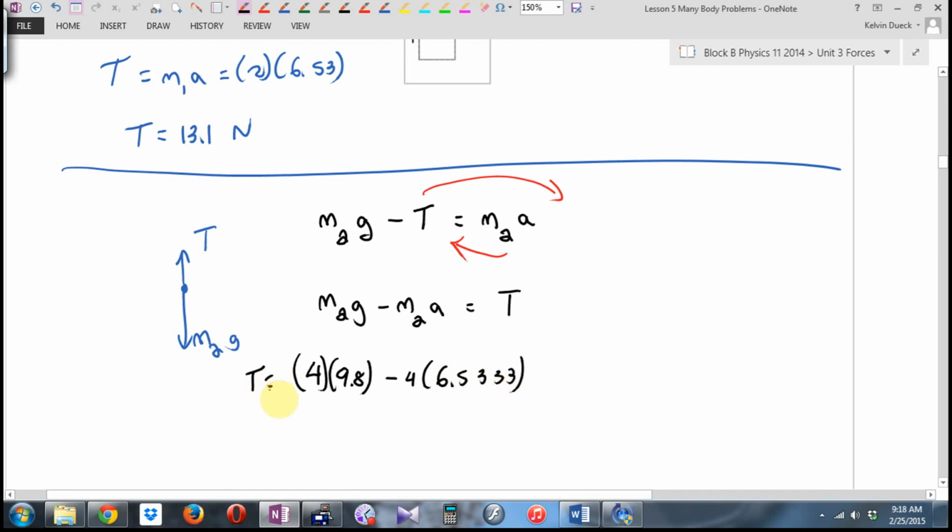If you type that in, do you also get 13.1? You might get 13.0 or 13.2. There might be some rounding off, but I'm pretty sure you get really close to 13.1. Do you? So it doesn't matter which one you pick, although usually one of them will be considerably easier. Well, usually the one where tension is the winner.